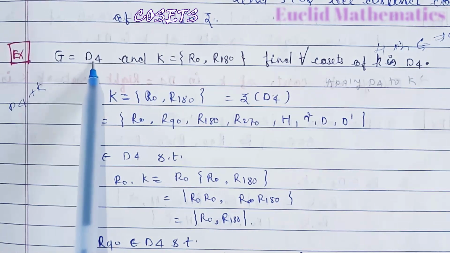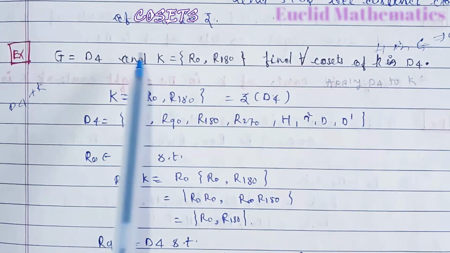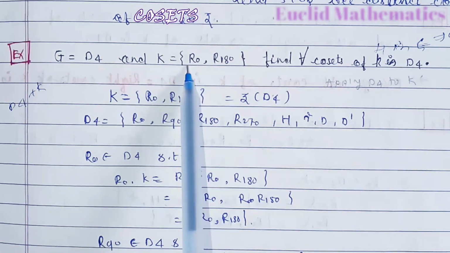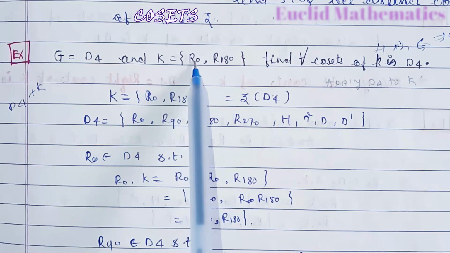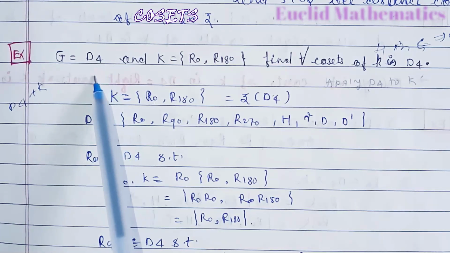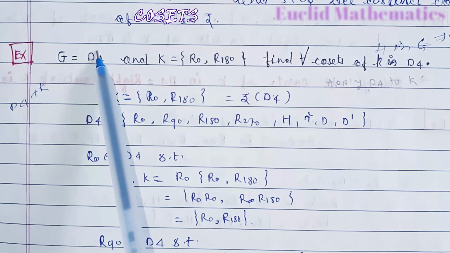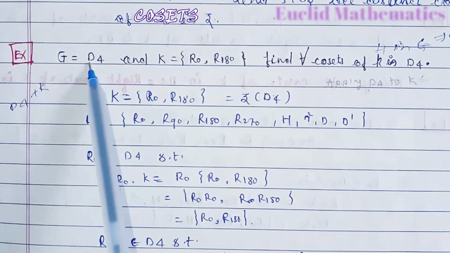Dihedral group of order 4, and I consider its subgroup R0, R180. These two are the identity elements of D(n) of order 2n. So the dihedral group of order 4 means 4 into 2, that means the number of elements contained in the dihedral group is 8, D(n) of order 2n.